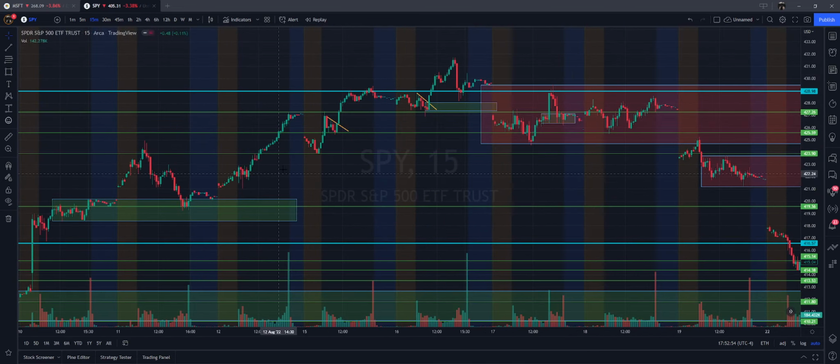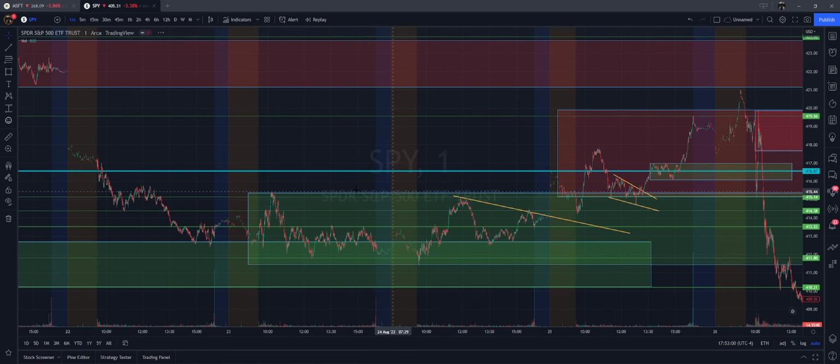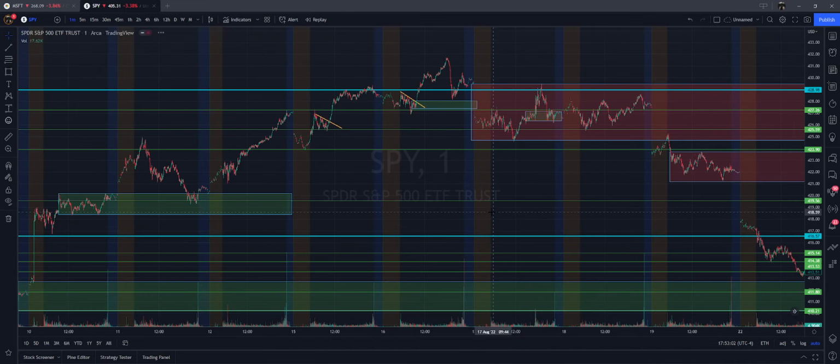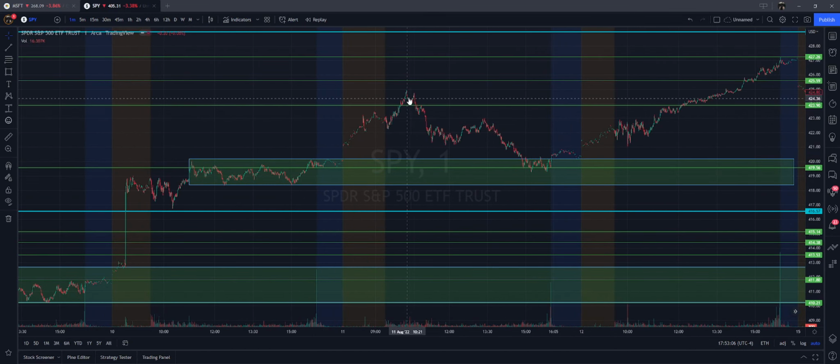Like this, for example, you can see it too in the 1 minute time frame. What date is it? 11. Alright, it leaves the range, comes back to the demand zone. Look what happened.